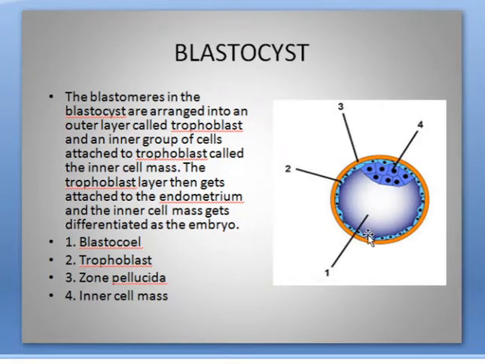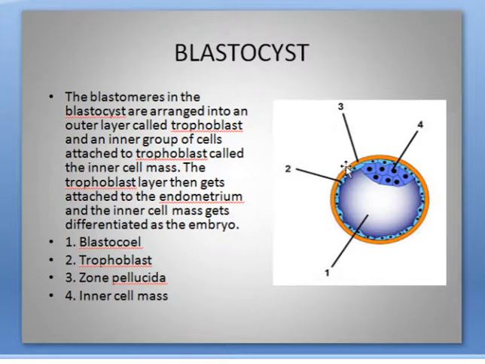Surrounding this cavity are the cells called the trophoblast, and these cells are called the inner cell mass. This inner cell mass will give rise to different organs of the body. It will differentiate into the 3 germ layers, that is ectoderm, endoderm and mesoderm, and will finally give rise to different organs.